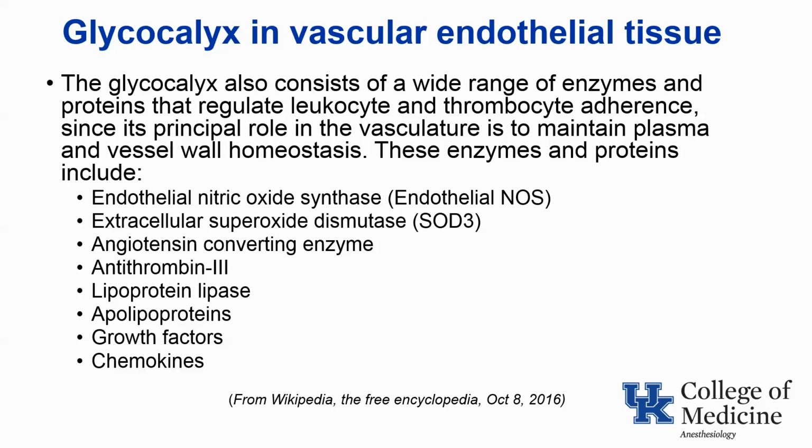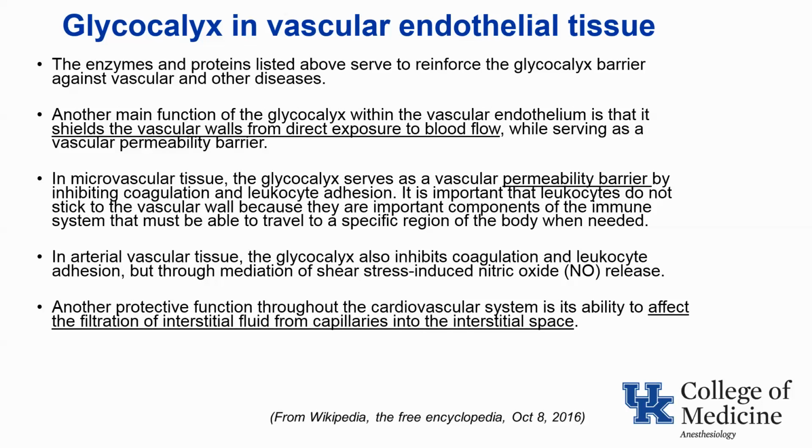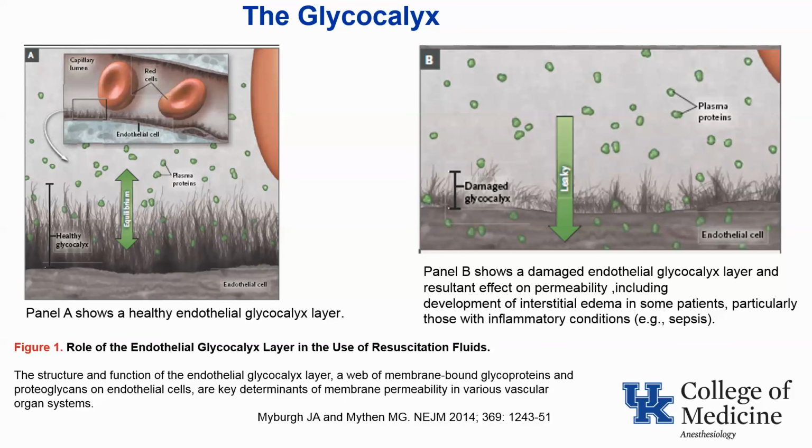It contains various hormones and enzymes which regulate movement of leukocytes and thrombocytes. It also influences vascular permeability and finally adjusts the oncotic pressure that is seen by the fluid inside the vascular tree.